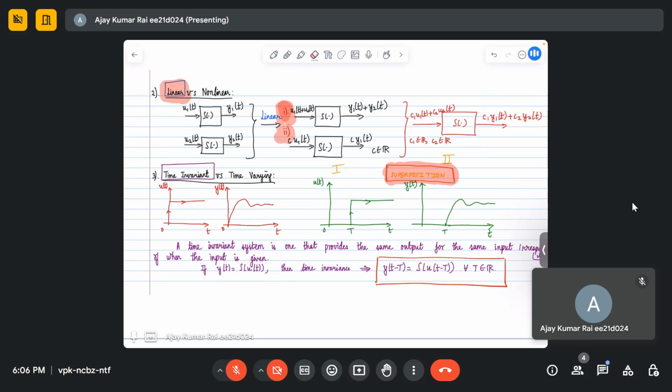So if u1(t) is the input to the system and y1(t) is the output, and another input is u2(t) and its output is y2(t), then if we combine u1(t) plus u2(t), you should get y1(t) plus y2(t). And if you scale any of the inputs, you should also get the scaled version of your output. That is depicted here in the second part. You can combine both here.